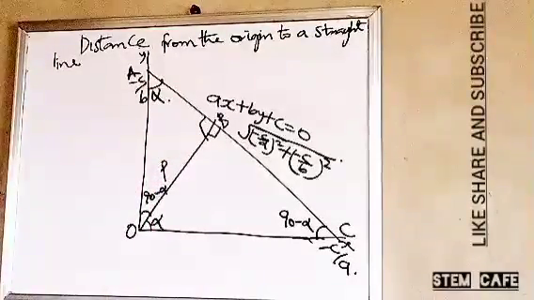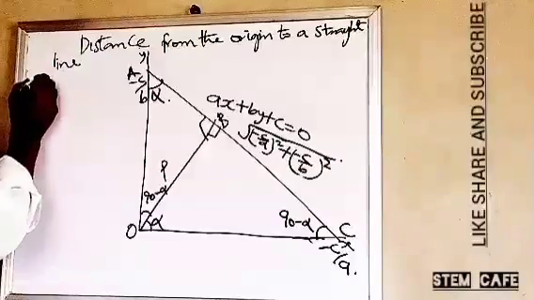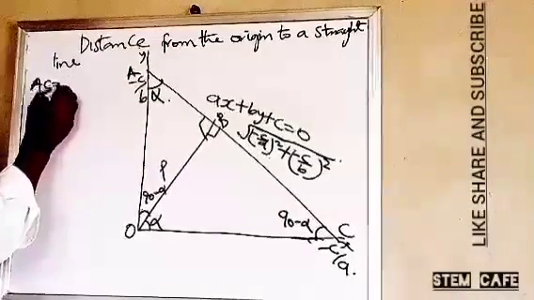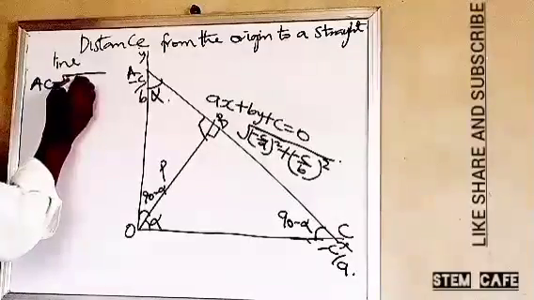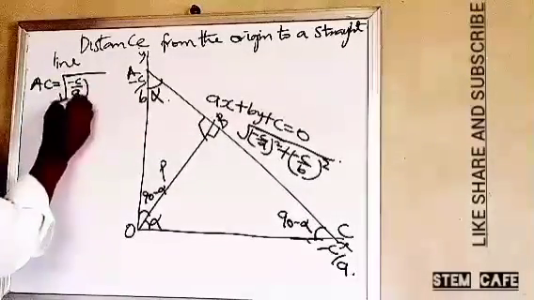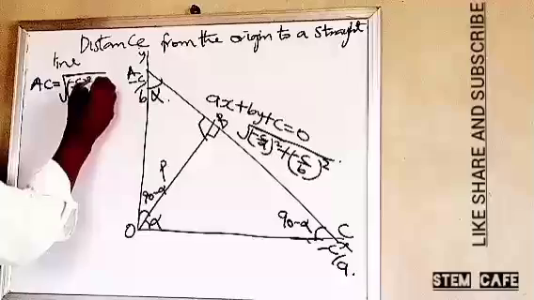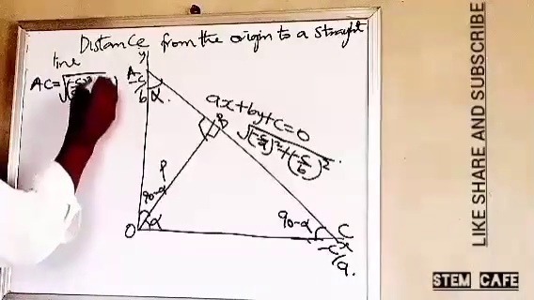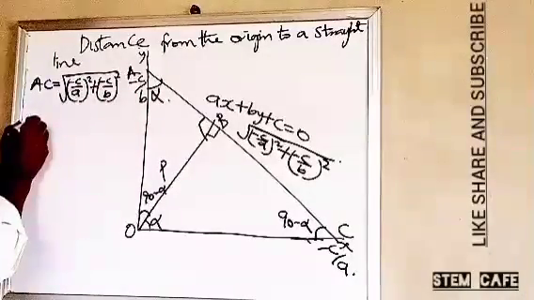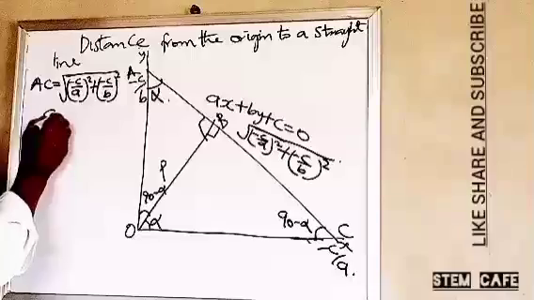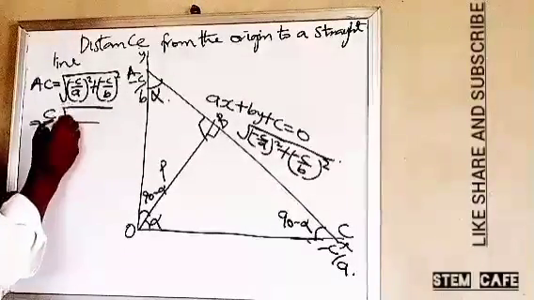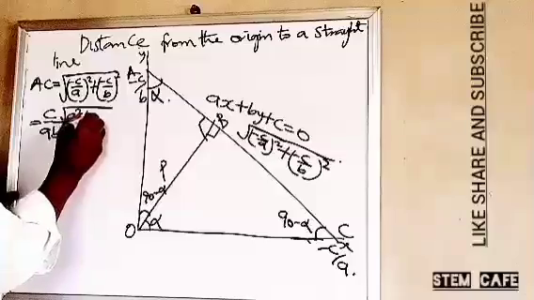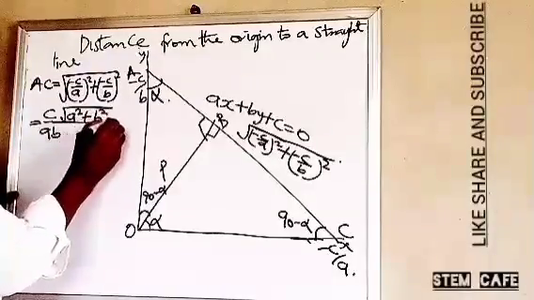Now let's take it one after the other. The distance AC will be equal to the square root of minus C over A squared plus minus C over B squared, which will give me C over AB times the square root of A squared plus B squared. That's AC.